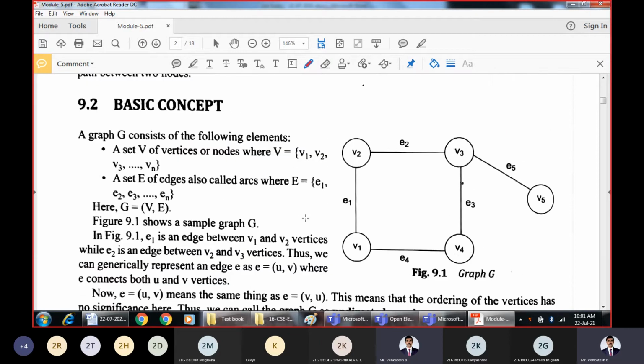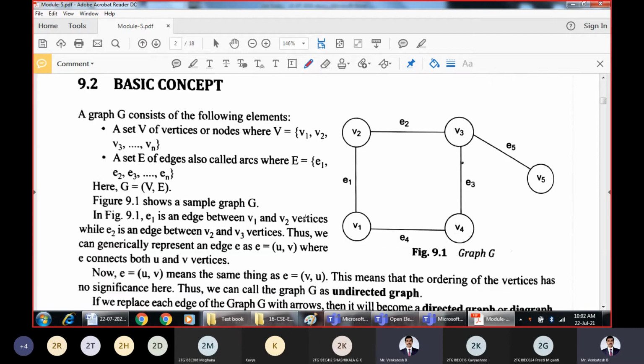If we consider one example graph, the formal definition of a graph is a set that consists of two entities, the vertices and the edges. Vertices are denoted by the set V, that is V of vertices or nodes. Vertex or node, both will be used interchangeably in programming.